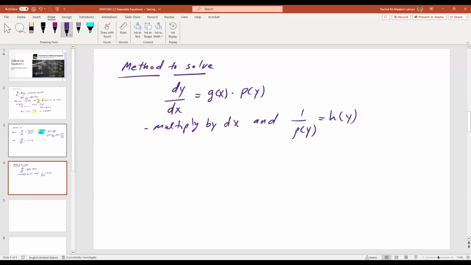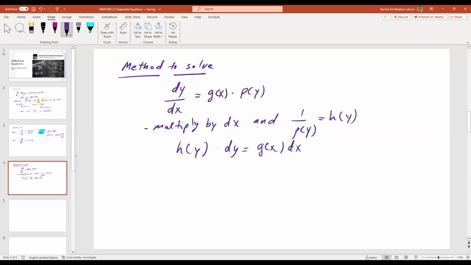So you get h of y times dy equal to g of x dx. After you multiply, that's what you will get.